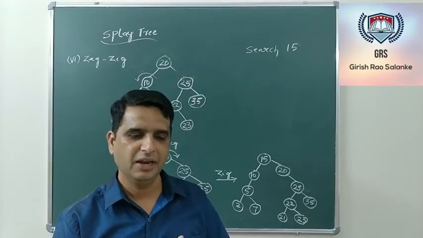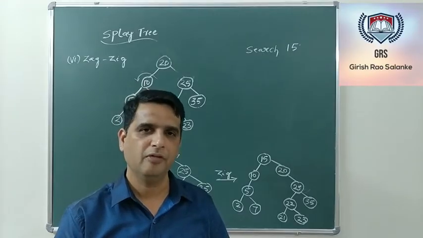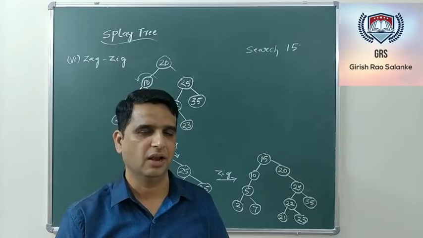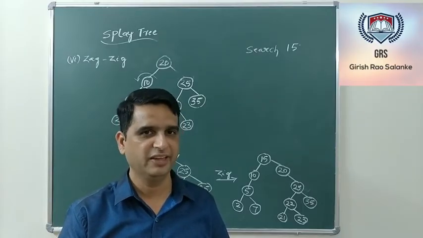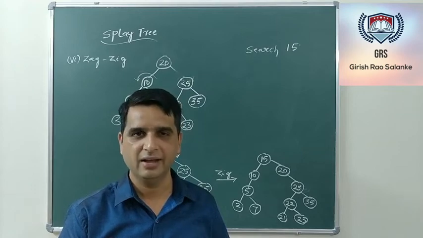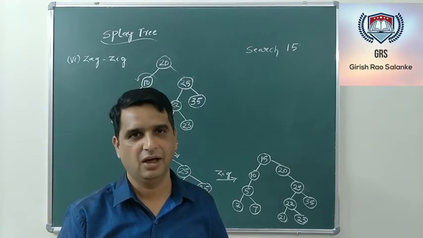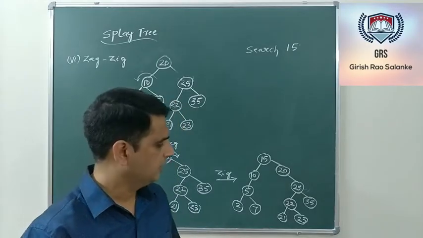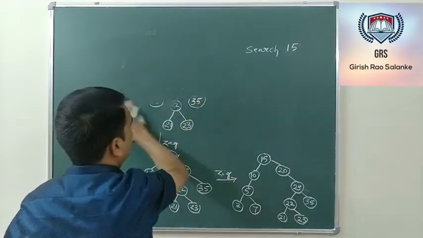To make the recently accessed node the root node, we can perform 6 different types of rotation. First one was zig, second one was zag, third one was zig-zig, fourth one was zag-zag, fifth one is zigzag, and finally zag-zig rotation. So this is about the different types of rotation that we can associate with the splay tree.